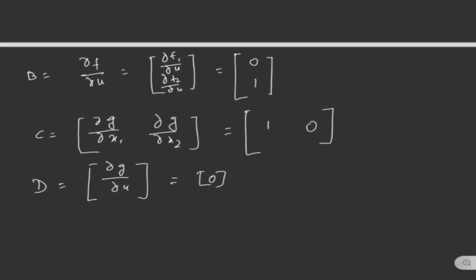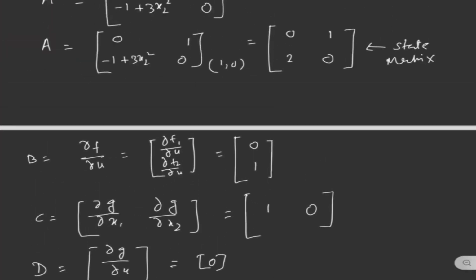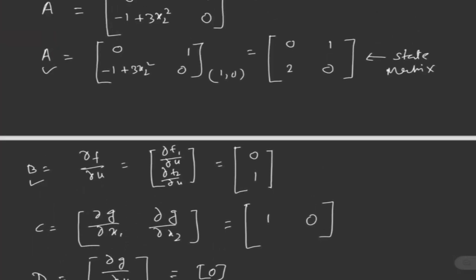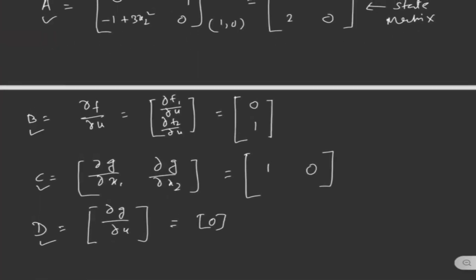So we can now form the linear system because we have found all the matrices: the A matrix, B matrix, C matrix, and D matrix.